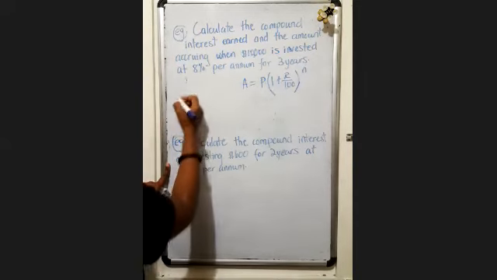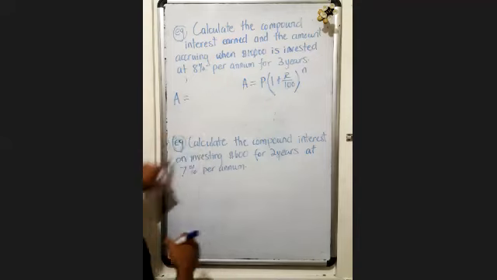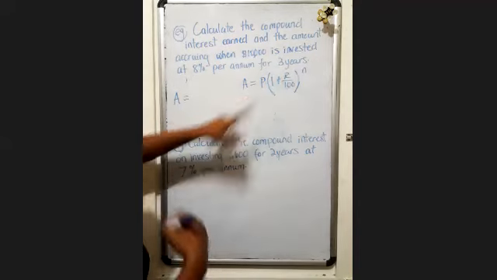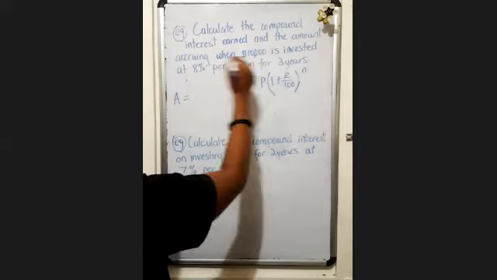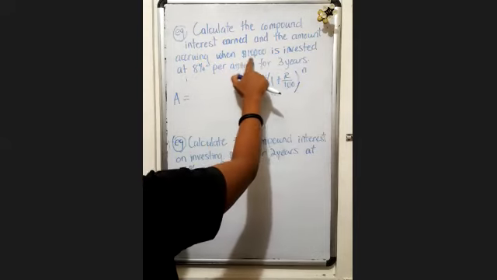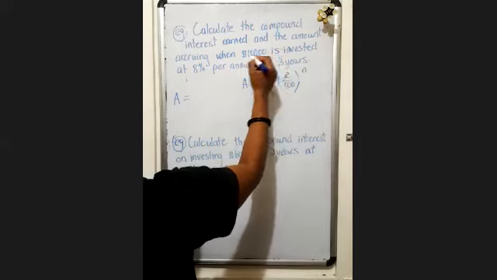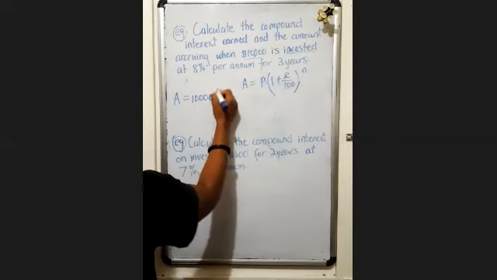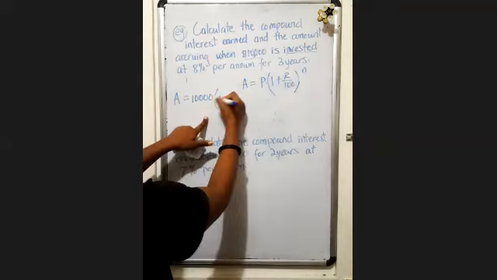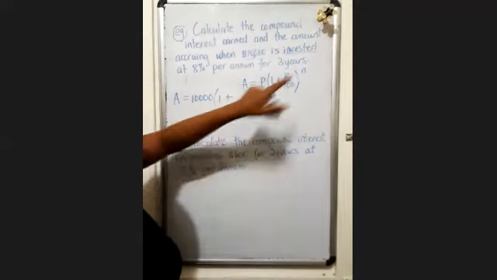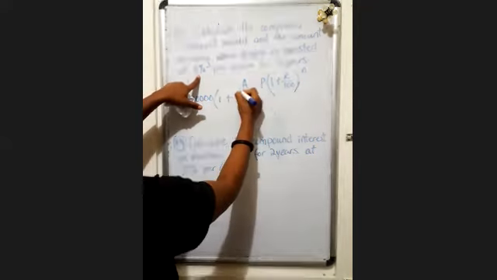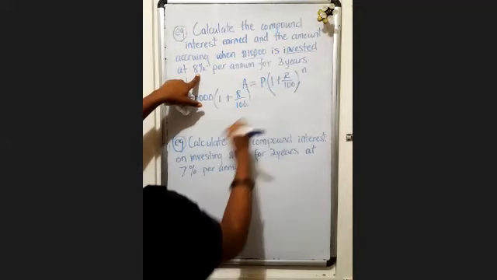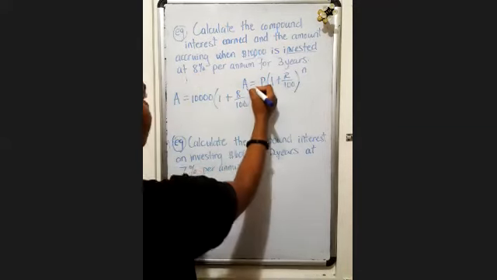So therefore, we say A is equal to, what's P? Which one is our principal? So we read through the question. $10,000 is invested. So that's our principal. 1 plus R is our rate, which is 8 over 100, all raised to the number of years, which is 3.